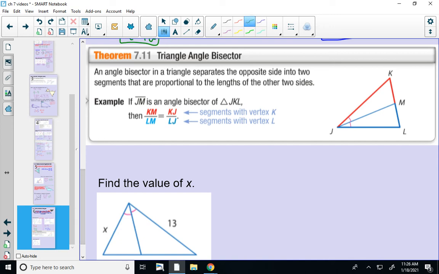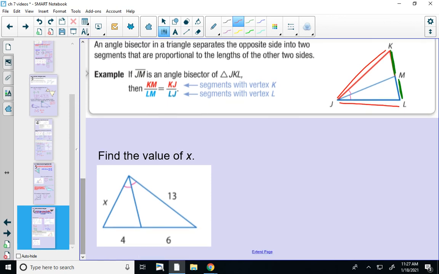So we know that KM, this portion where the angle bisector meets one corner, will relate to LM, what's going on the other side, as JK relates to JL. So just another proportional relationship that exists inside triangles like we did with parallel lines yesterday.